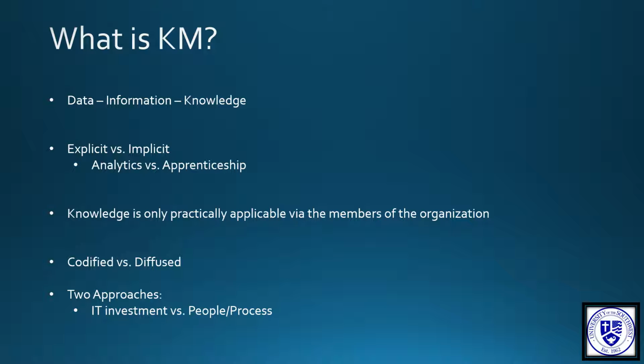Or we can focus primarily on the people and the processes, going back to the analytics approach versus apprenticeship, the formal knowledge management versus on-the-job training. Or we can use a combination of these. But the key is to make sure that we appropriately manage knowledge in a way that allows us to continue to perpetuate change and innovation.